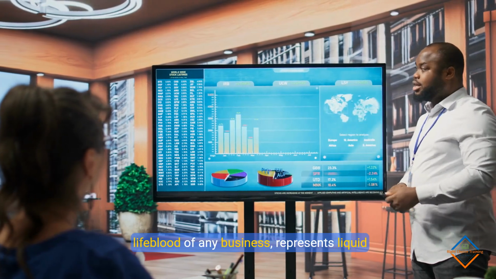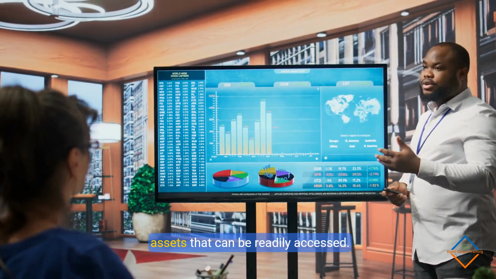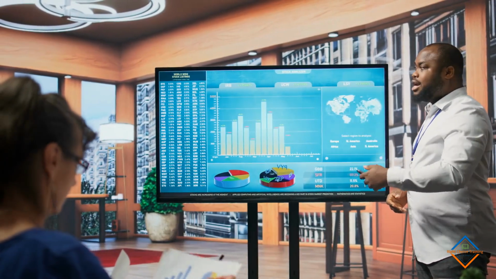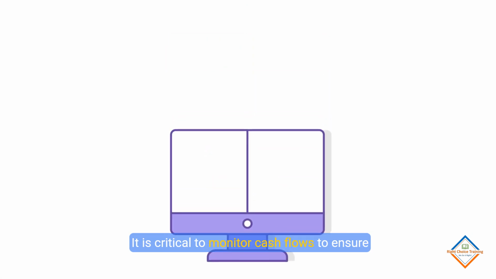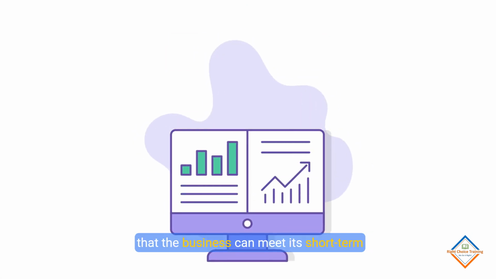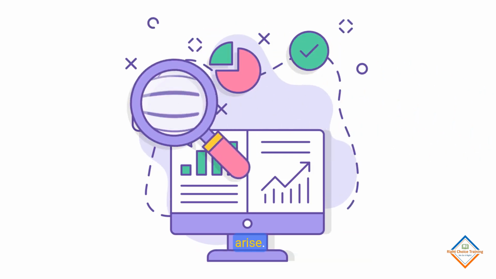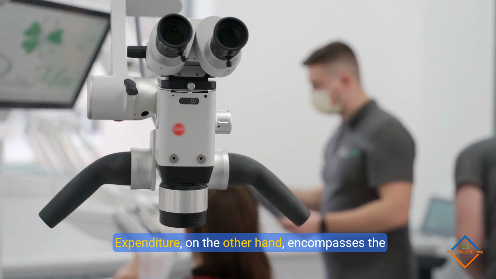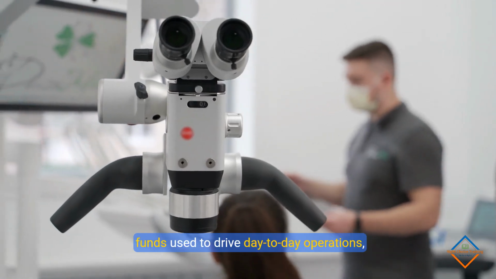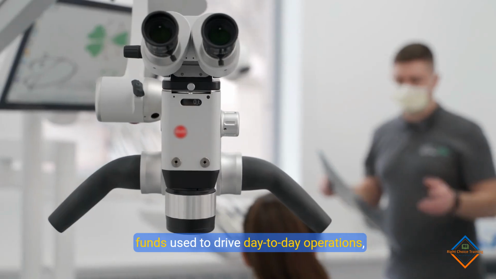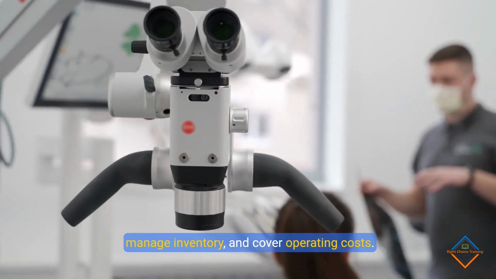Cash, the lifeblood of any business, represents liquid assets that can be readily accessed. It is critical to monitor cash flows to ensure that the business can meet its short-term liabilities and seize opportunities when they arise. Expenditure, on the other hand, encompasses the funds used to drive day-to-day operations, manage inventory, and cover operating costs.